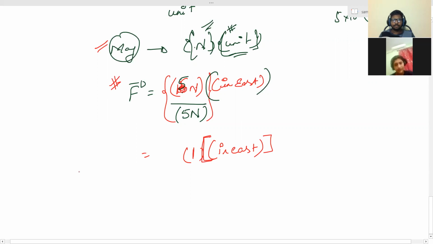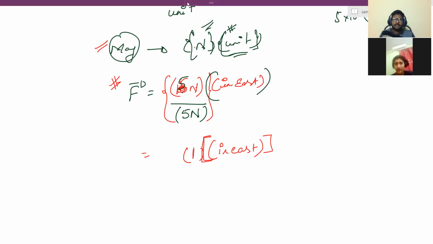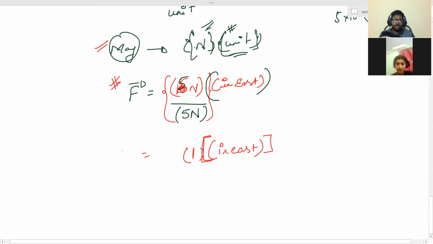Got it? So this is represented by a very important symbol called F cap. F cap means it will have the direction of the force vector, information about direction, having how much magnitude? 1, 1 unit magnitude.